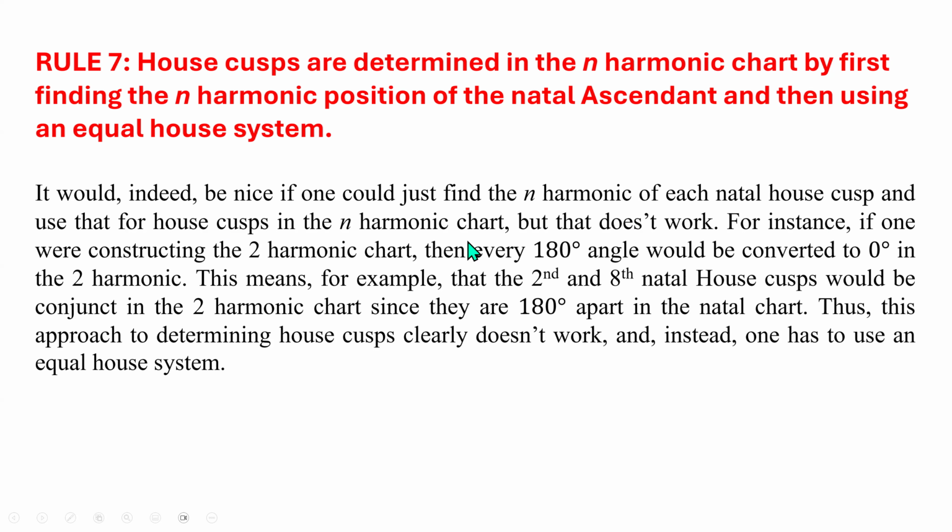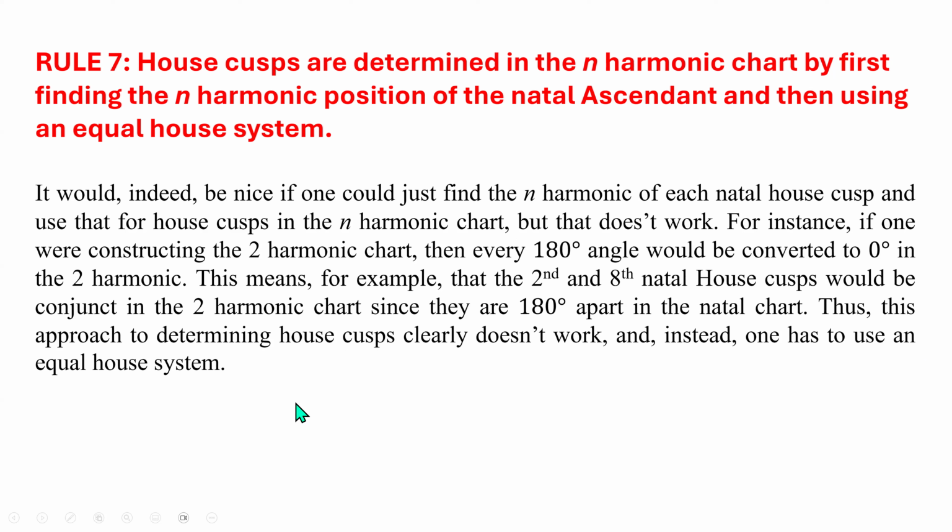For instance, if one were constructing the 2-harmonic chart, then every 180-degree angle would be converted to 0 degrees in the 2-harmonic. That means, for example, that the 2nd and 8th natal house cusps would be conjunct in the 2-harmonic chart since they are 180 degrees apart in the natal chart. And thus, this approach for determining house cusps clearly doesn't work. Instead, one has to use an equal house system. So you see what happens here.